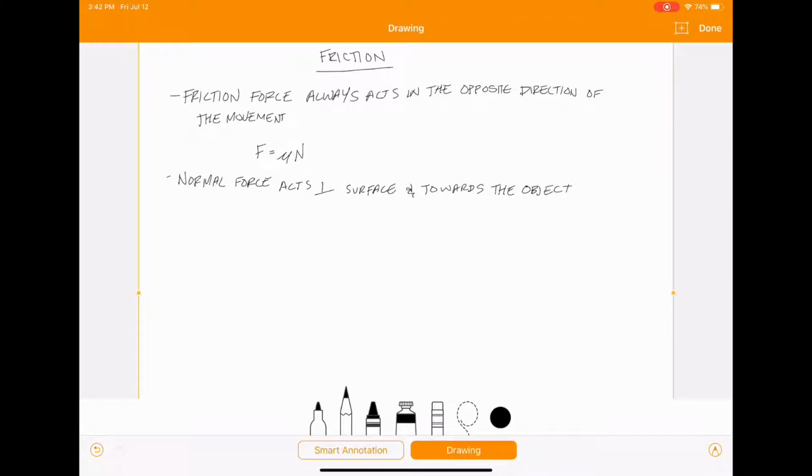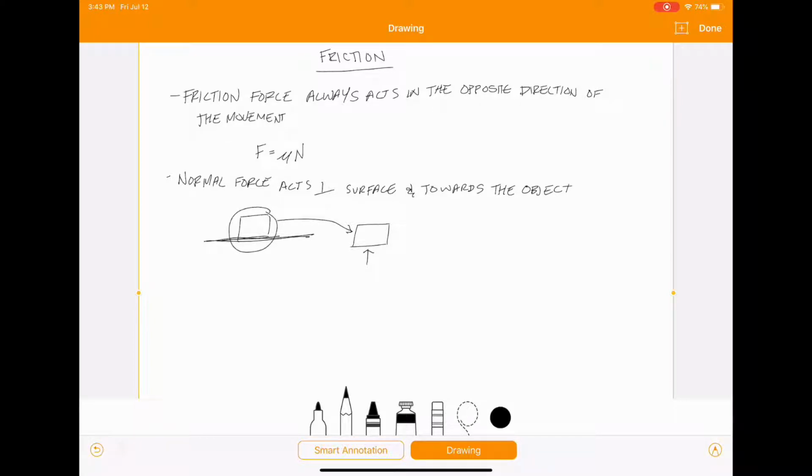For example, if we have some sort of box sitting on a countertop, if we just look at this box alone over here, there's going to be a force exerted on the box from the table that holds the box in place.